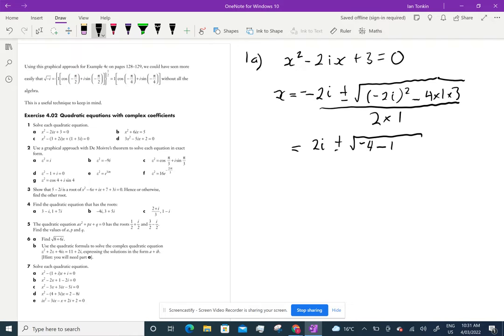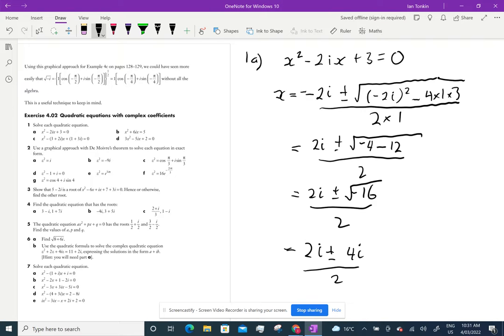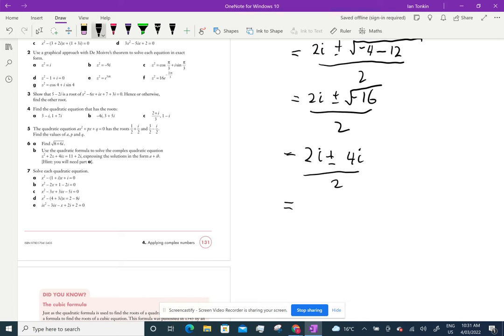Minus 4 times 3 is 12, all over 2, which is going to be 2i plus or minus the square root of negative 16 over 2, which is 2i plus or minus, the square root of 16 is 4, root negative 1, 4i, all over 2. And then I can cancel the 2, so I get i plus or minus 2i.